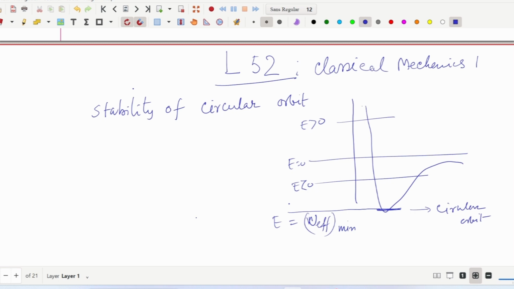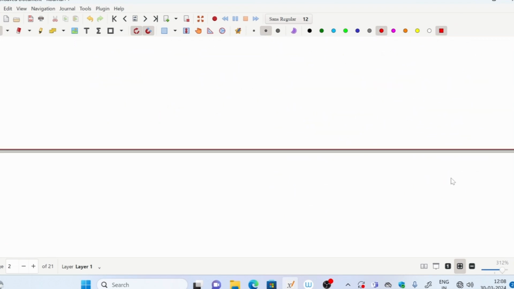E less than 0 possibly gives an ellipse.